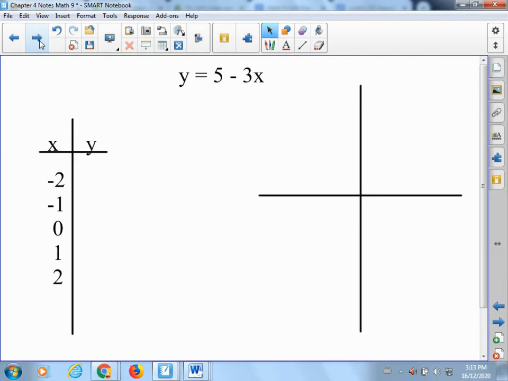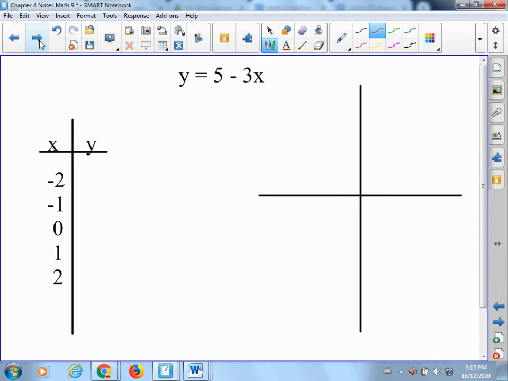So if we go over just one last example, they will often give you an equation. From that equation, they will ask you to create a table of values. And once you have a table of values, they will ask you to graph it. So this is my equation, y equals 5 minus 3x. To figure it out, I need to use substitution 5 different times.